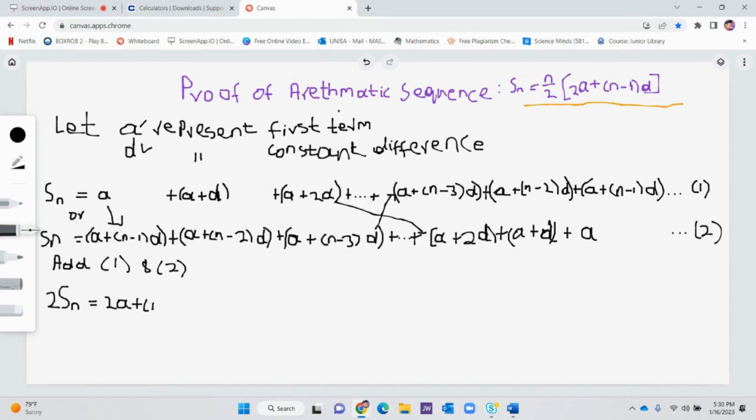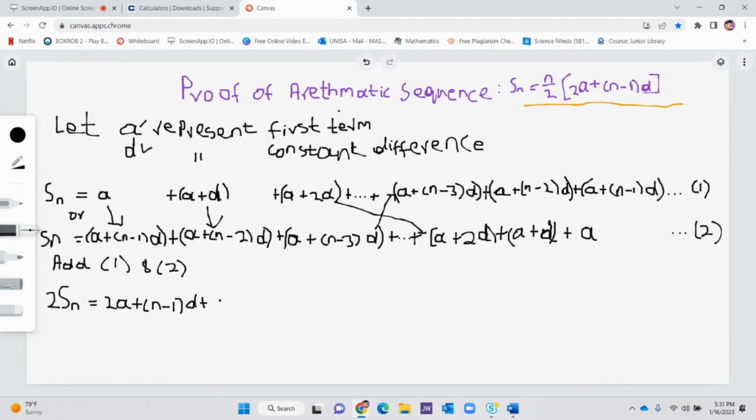n minus 1 into d. Plus, we add this one and it's going to give us the same thing.